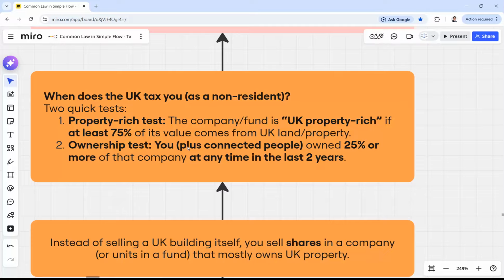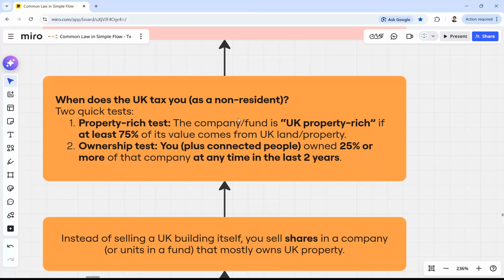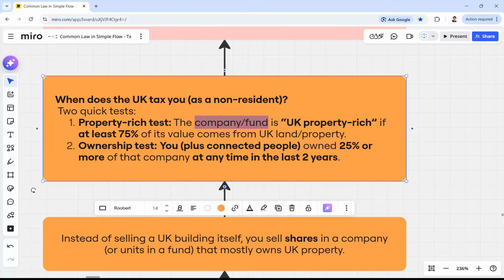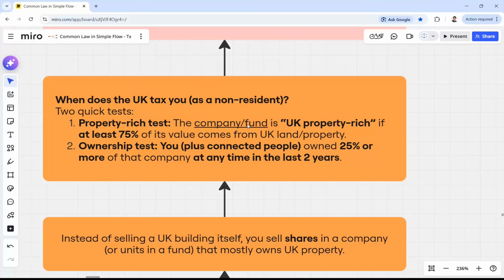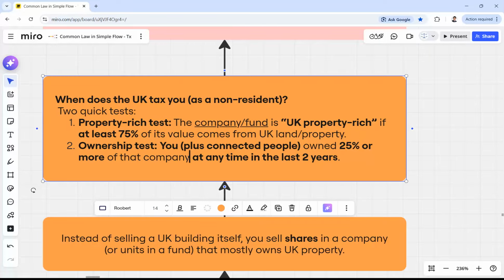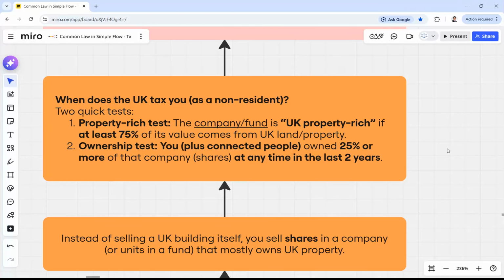And the ownership test: you plus your connected people together owned 25% or more of that company at any time in the last 2 years.